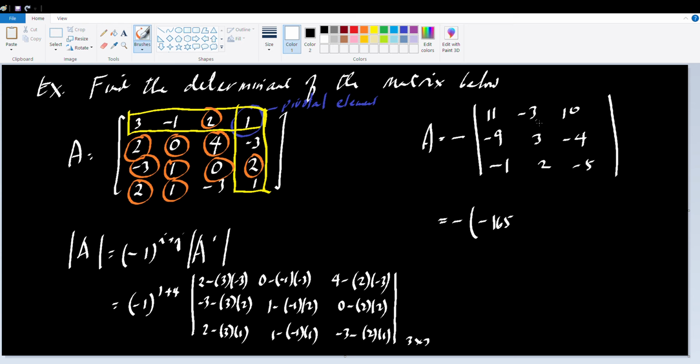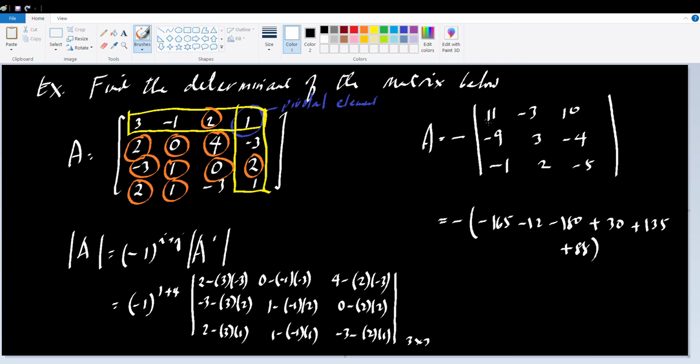Then minus 12, minus 180, plus 30, plus 135, plus 88.